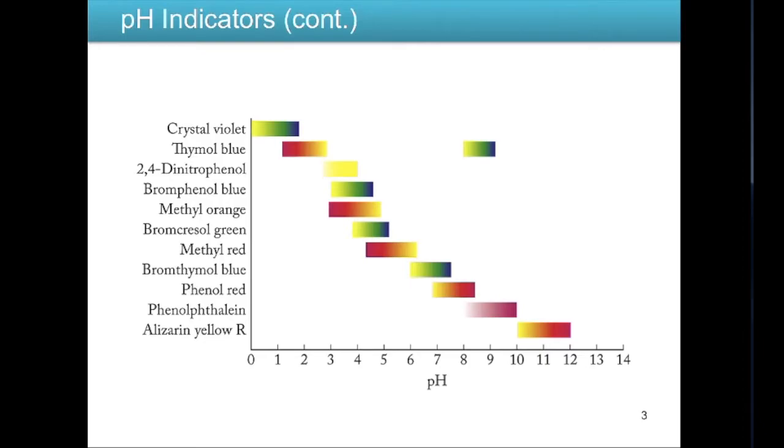The one that you're most familiar with is right here, phenolphthalein, which changes color over the pH range between 8 and 10. A lot of other indicators have different pH ranges over which they change color, so they will be good for different types of titrations where endpoints occur at different pH values.